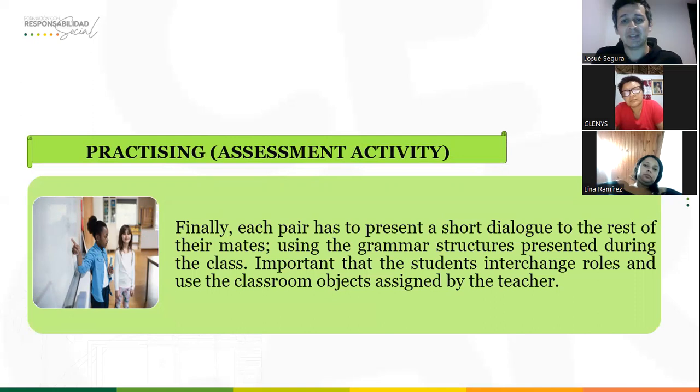They are going to represent the short dialogue using the grammar structures presented by the teacher during the class. And it is important that the students interchange roles and refer to the classroom objects assigned by the teacher.